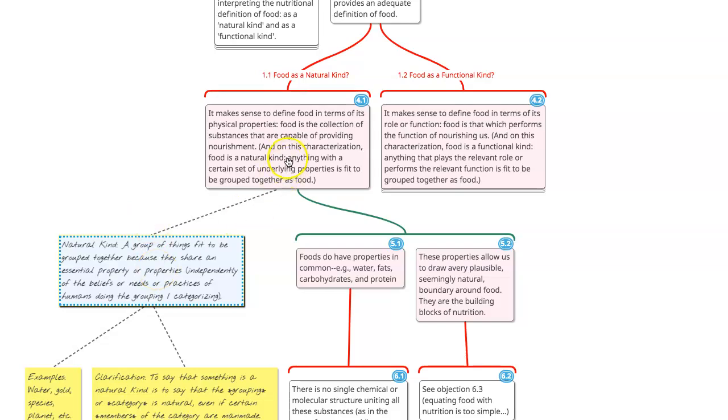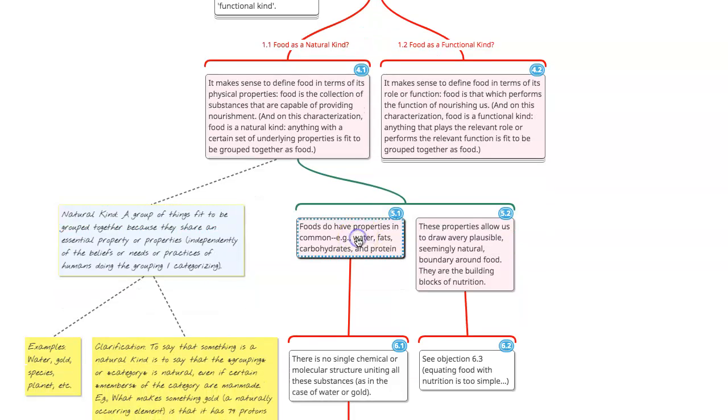Okay, so we'll ignore that and move on to the reasons. So why think it makes sense to define food in terms of its physical properties? Well, foods do have properties in common. Which properties? Water, fats, carbohydrates, and proteins. Just like elements have something in common, number of protons in their nucleus, or perhaps different substances have their molecular structure in common. Water is made up of H2O, has a certain molecular structure.